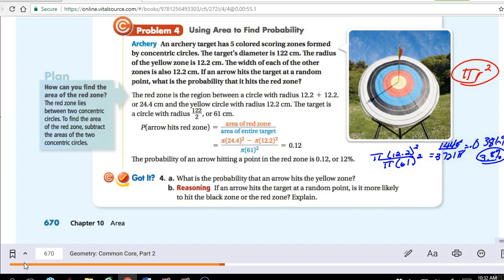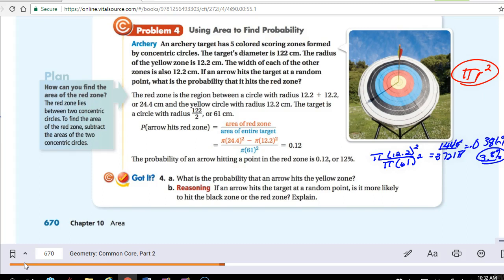We figured out the red zone already, which is pi times 24.4 squared minus 12.2 squared. Because that's what it wants to know, is it more likely to hit the black zone or the red zone? We've already done the red, so there's no sense redoing that.